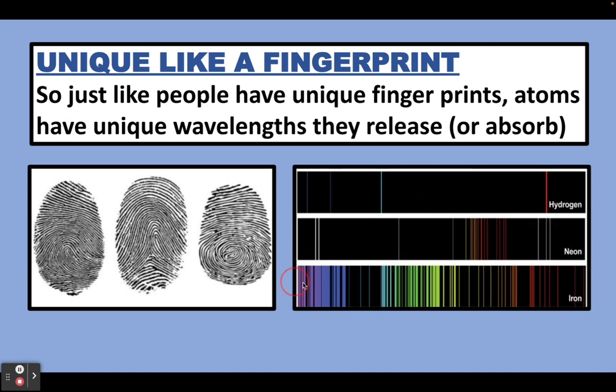They have different atomic spectra that identify that element and only that element. So with hydrogen, you can see these bands of light, and only hydrogen will give those bands of light. These are the wavelengths of light emitted by hydrogen and hydrogen alone.